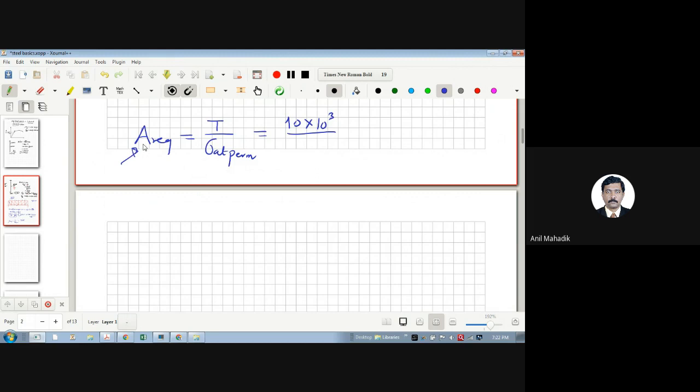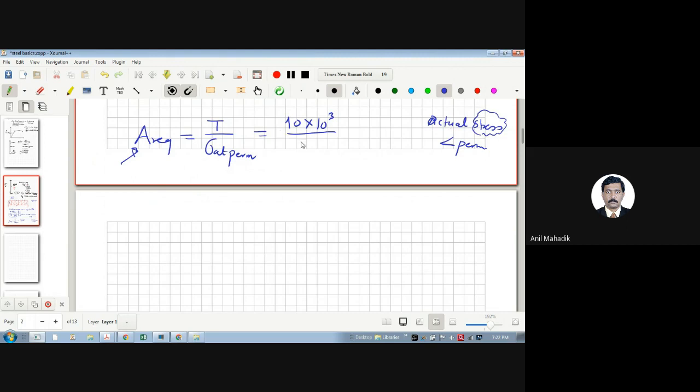That is the design, nothing else. We calculate the actual stresses and compare them with the permissible stresses. Actual stress should be less than permissible stress. This is the whole design philosophy.